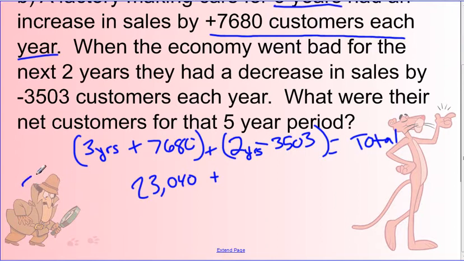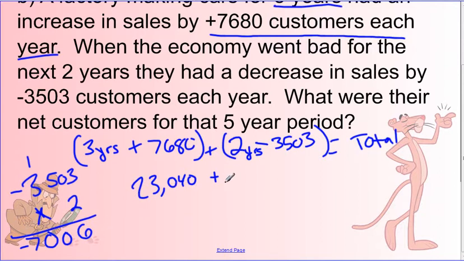So they had 3,503 times 2, and this is a negative, which will come into play at the end. 2 times 3 is 6, 0, 10, carry the 1, 6 plus 1 is 7, and it is a negative because the signs are different. So for the next 2 years, they lost 7,006 customers.